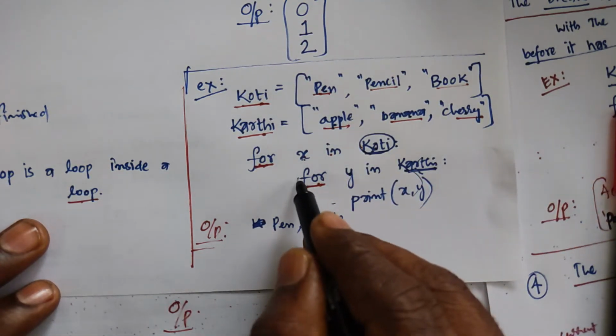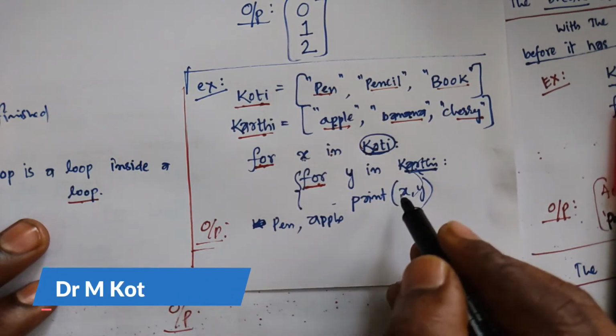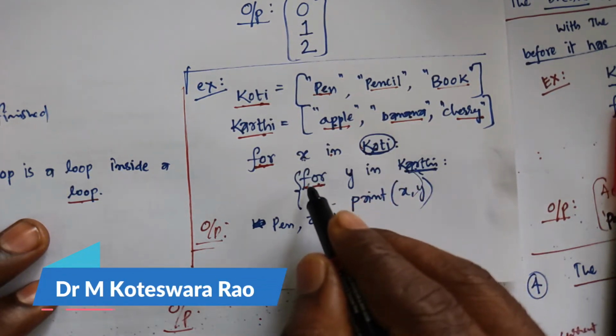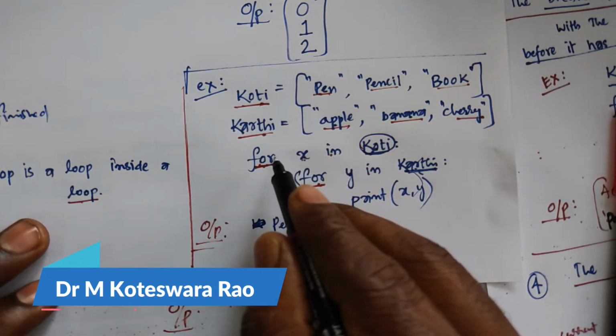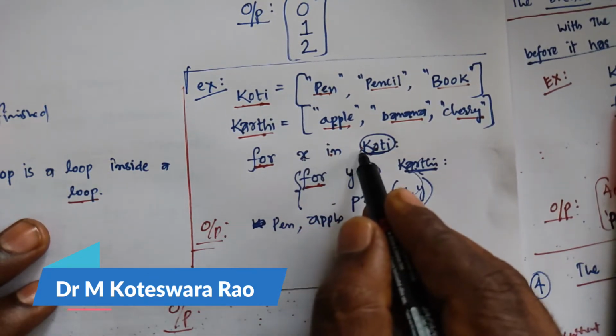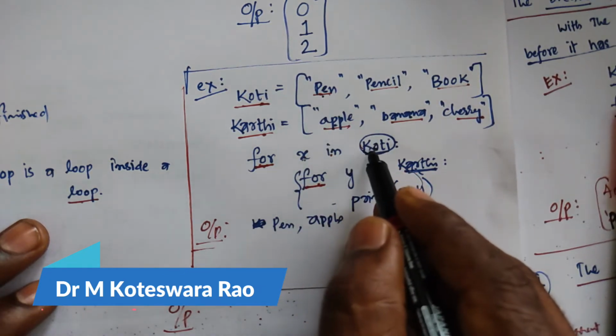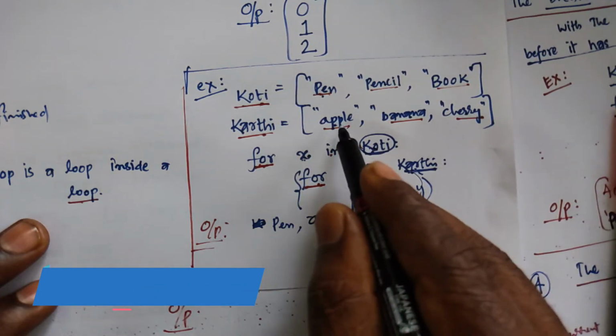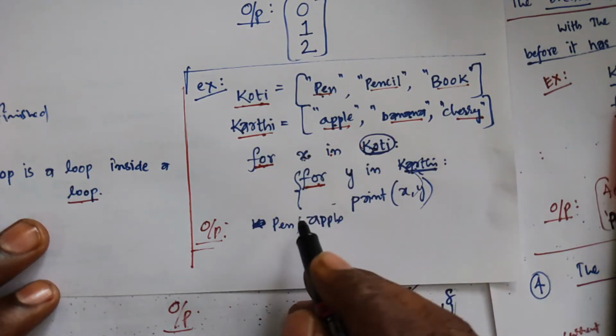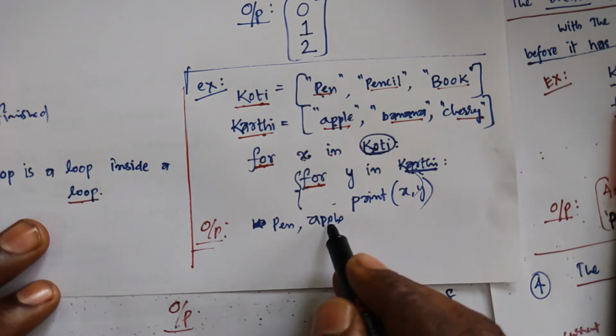Now we are in the sub loop, and until this inner for loop completes, you cannot increase the upper loop. The present x value is pen, the first item of Karthi is apple, so print x comma y: pen, apple.